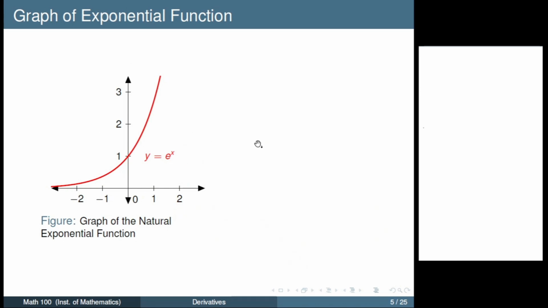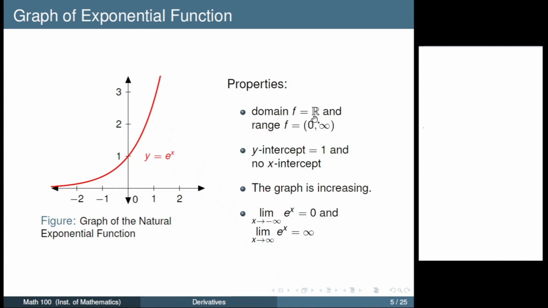So, tignan naman natin ang graphical properties ng exponential function. Here in the slide is the graph of y equals e to the x. Ang domain ng f natin ay equal sa R. Yes, because the graph extends to all values of x, element of real numbers.